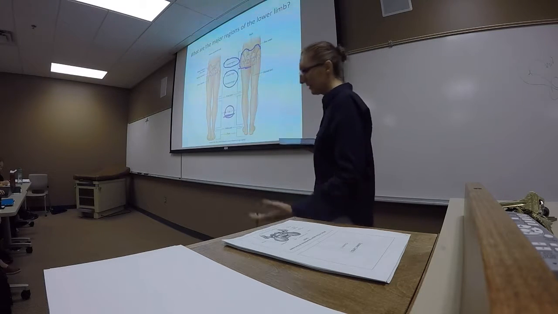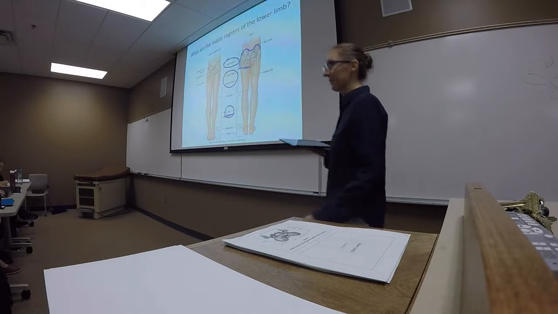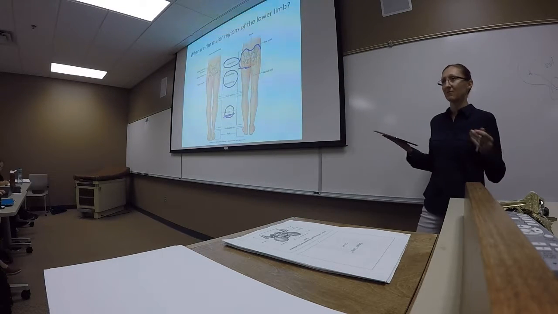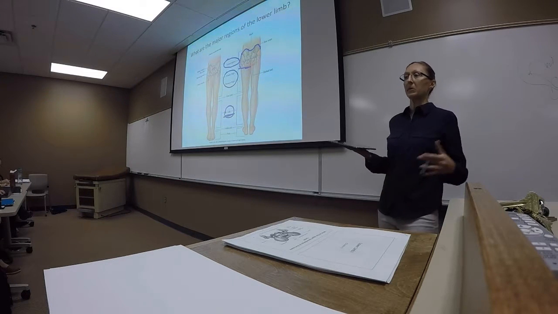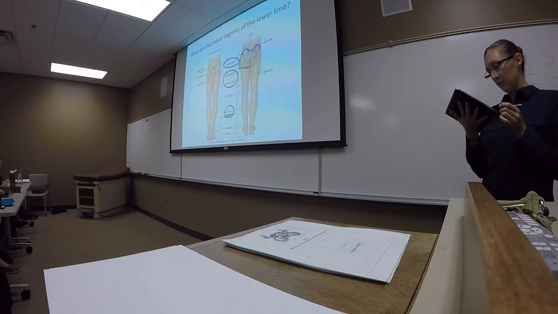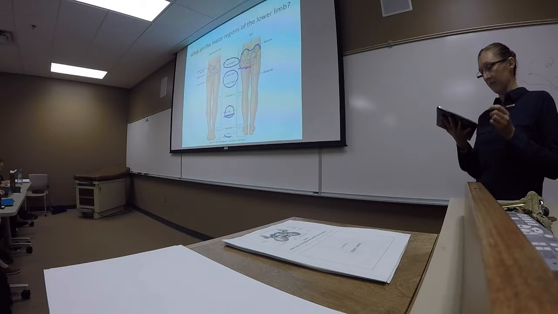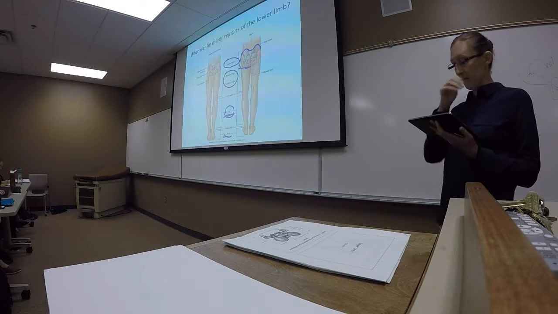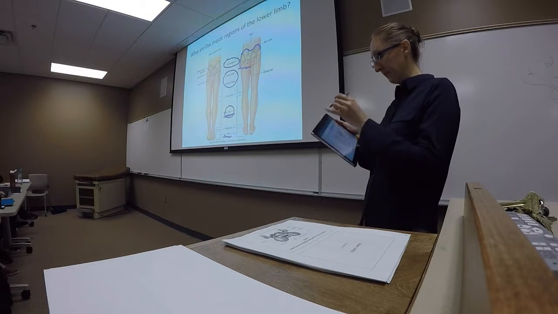The leg is technically the portion between the knee joint and the ankle joint. So when we talk about leg in this class, that's the region we're talking about. When we talk about the upper portion of the limb, we're going to talk about the thigh. That's important to make sure you remember. And then finally, obviously the foot is the most distal portion of the limb.